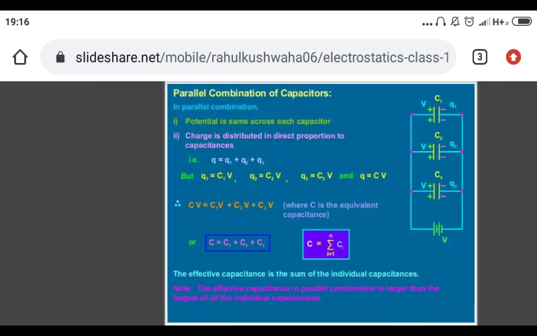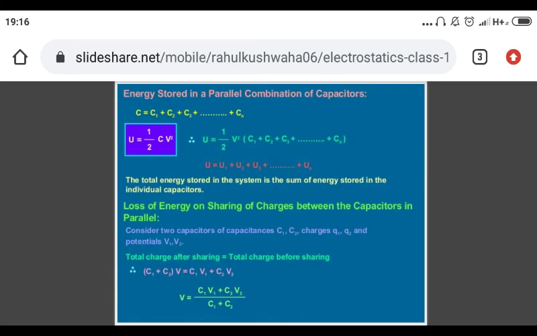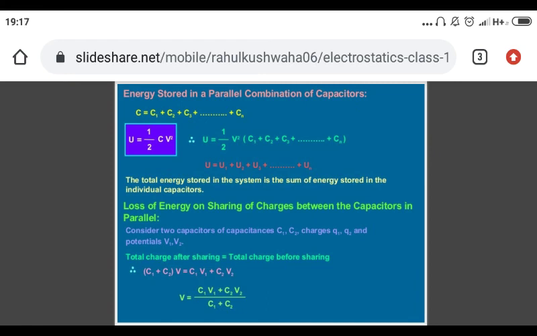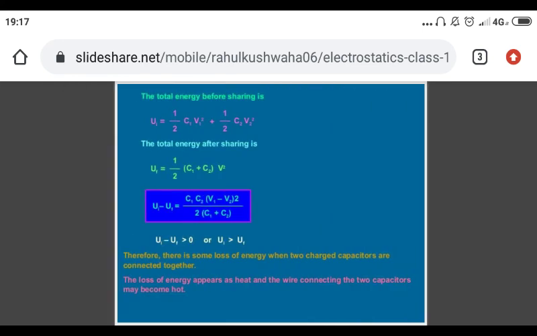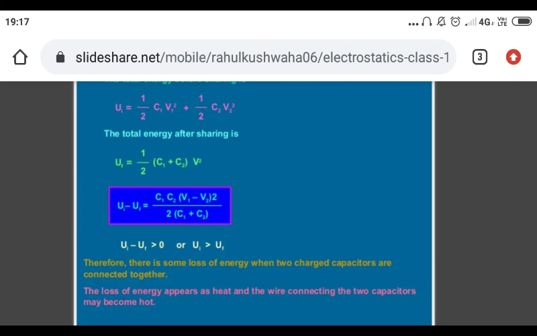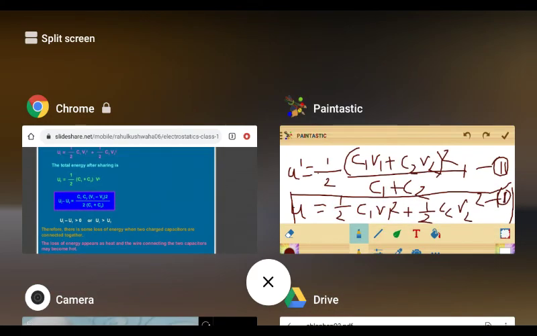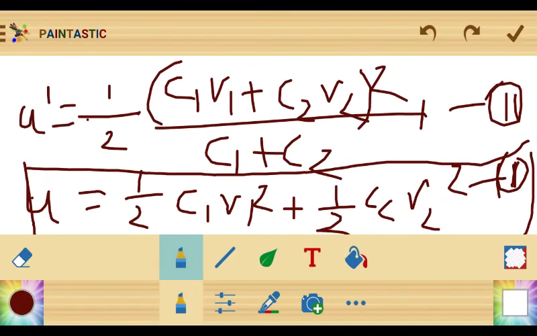So the total energy after sharing is V. From these two equations it is very clear that the initial energy has a higher value compared to the other, because once you expand the upper equation, you will find it has all the terms and a few more additional terms, and it is divided by C1 plus C2.